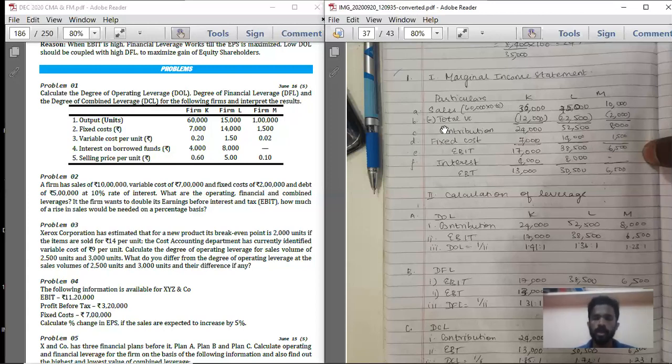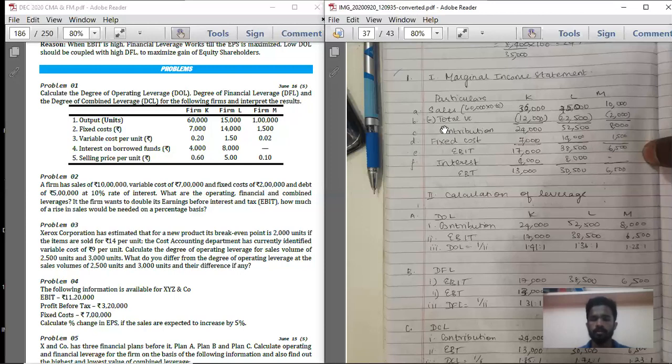Below that, small d, output in units. For K 60,000, for L 15,000, and for M 1 lakh. Now multiply it. Below that, small e, total contribution.